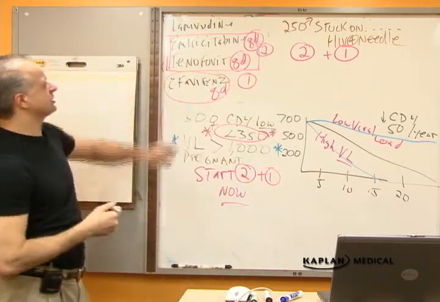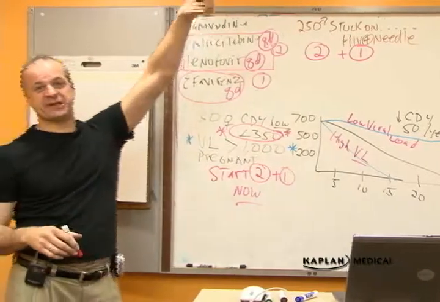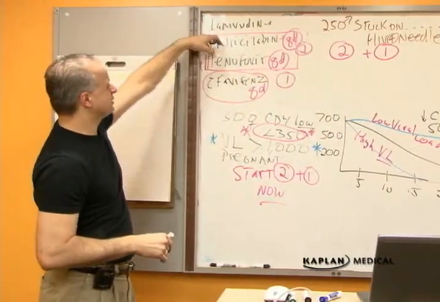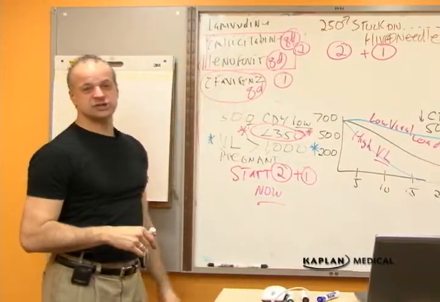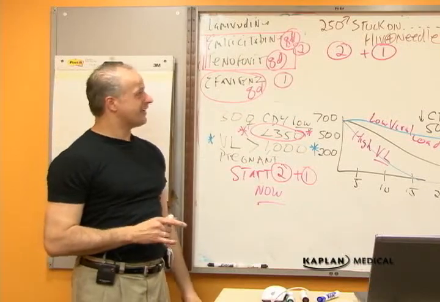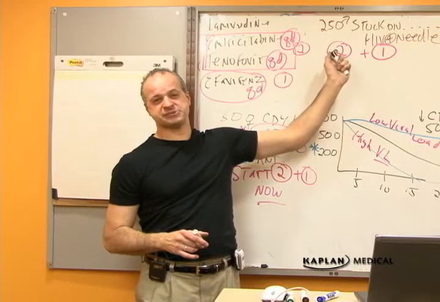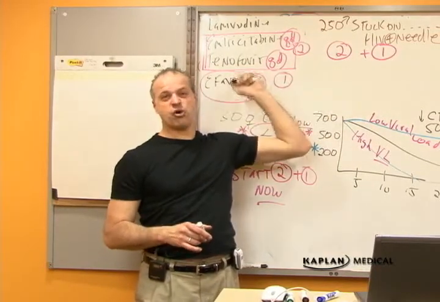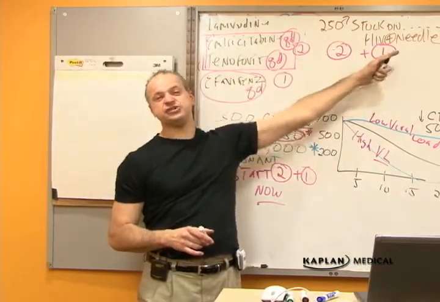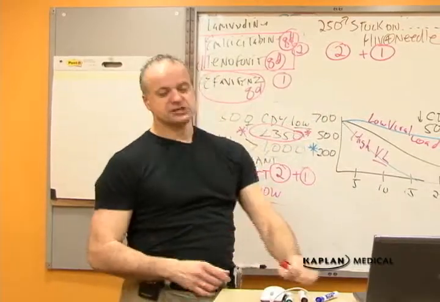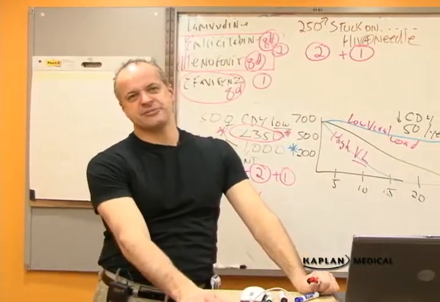And these 3 drugs together, one single pill once a day. Emtricitabine, tenofovir, efavirenz. One pill once a day. And that gives us 3 medications. 2 nucleoside reverse transcriptase inhibitors and 1 protease inhibitor or efavirenz. If you get stuck on a needle, 2 nucleosides and a protease inhibitor for a month.